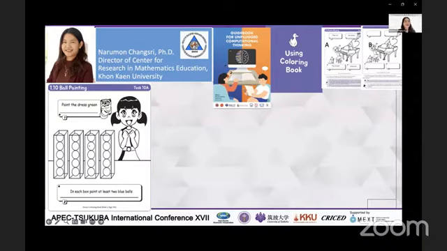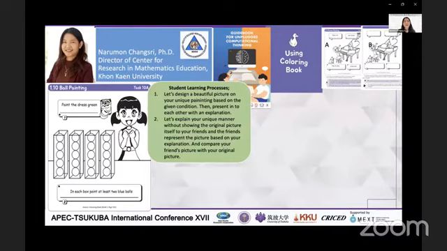The first condition is paint the dress green. The second is in each box paint at least 2 blue balls. Could you imagine your students' work? We have suggestions for the student learning process.